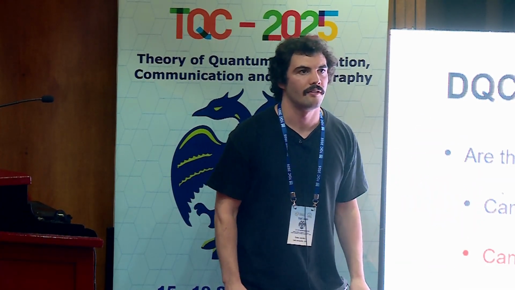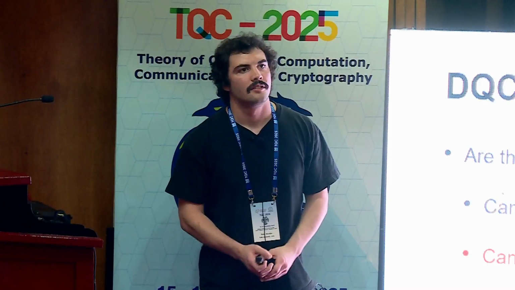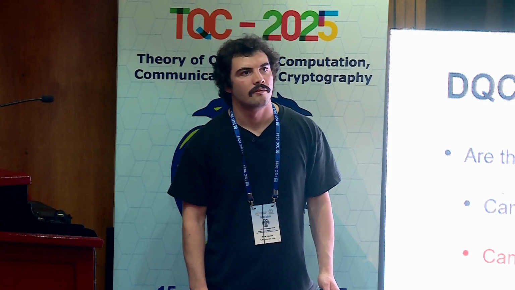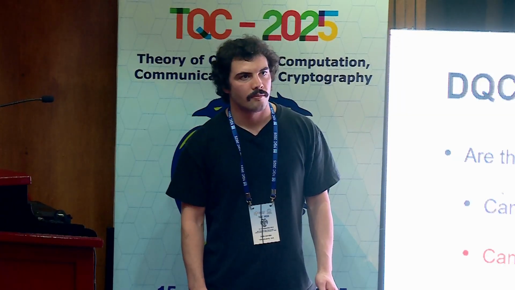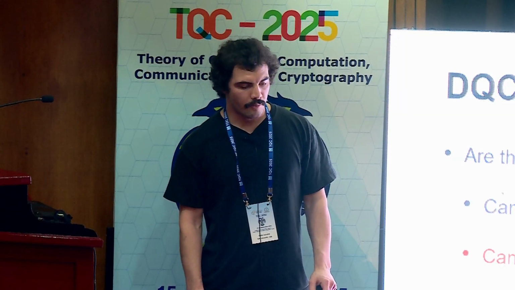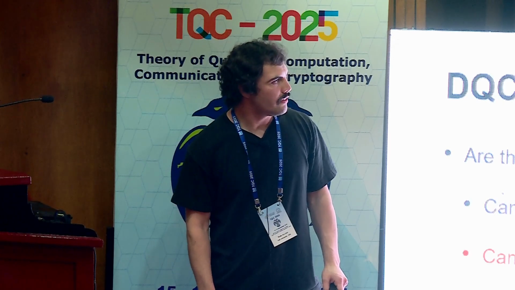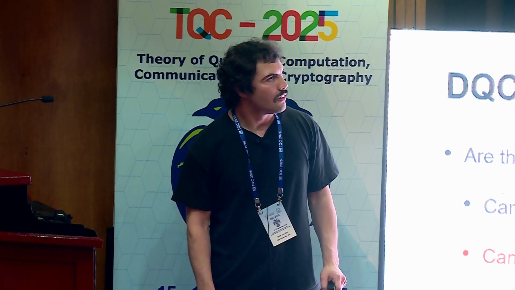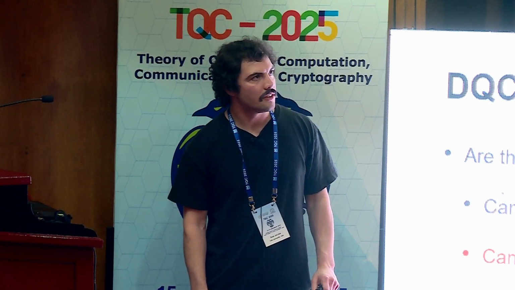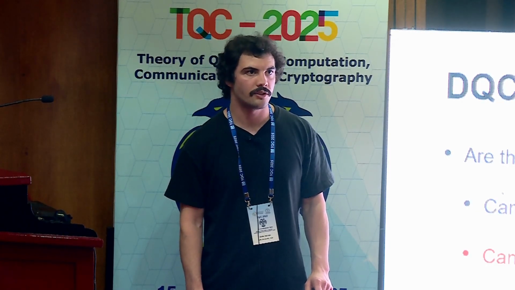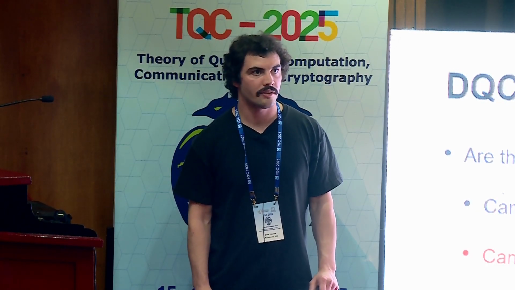Got it. Also, you mentioned that correlation squared is estimable in half BQP. Do you have any idea about correlation itself, like distinguishing between correlation at least 3 over 5 and at most minus 3 over 5? I believe for a constant gap, the square value should be fine for this.